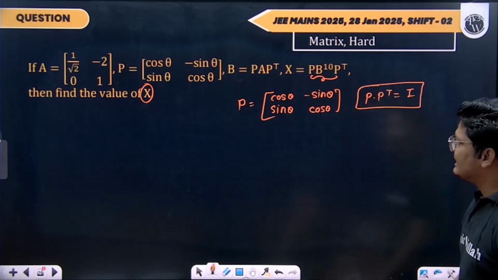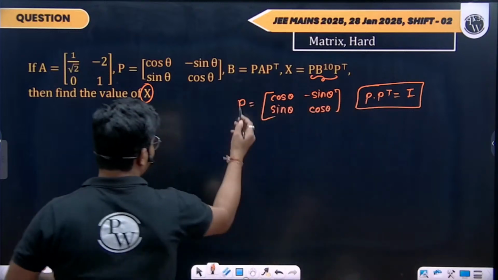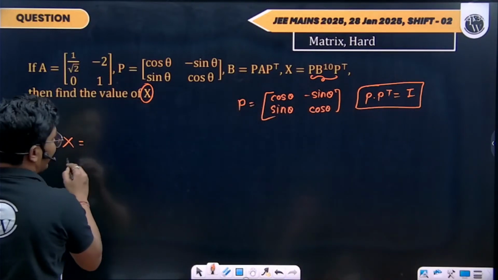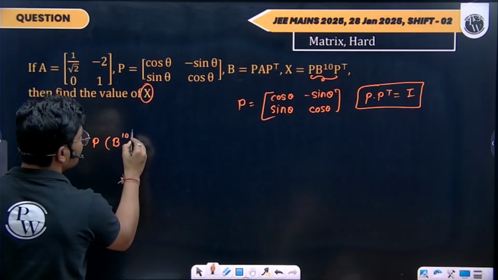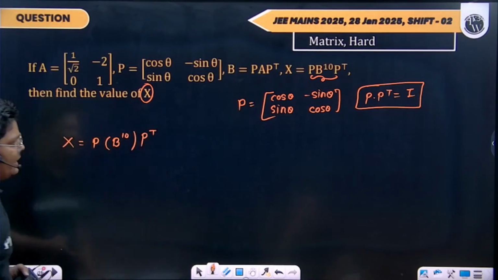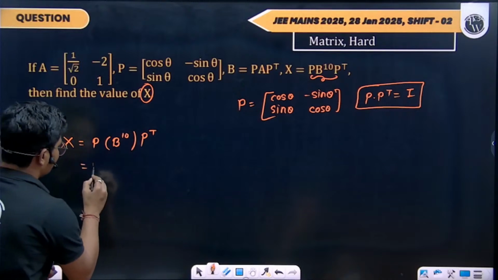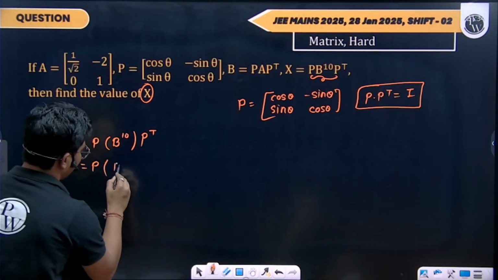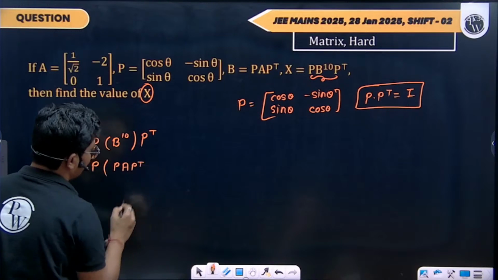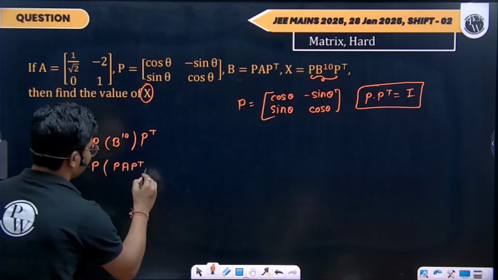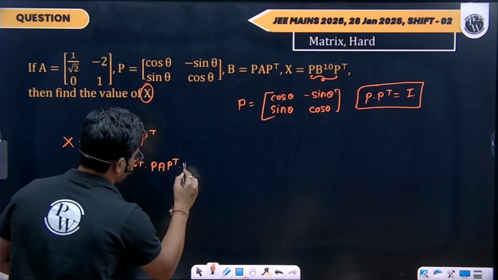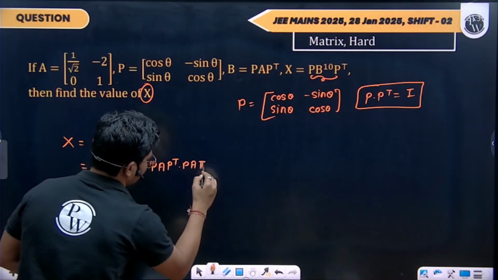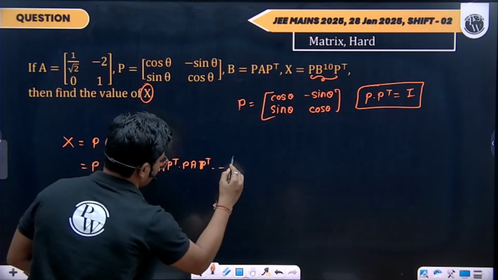Okay, it is clear. Now the value of X depends on P, B and P to the power T. So now we will put the value of B as P A transpose of P, multiplied 10 times, and so on.